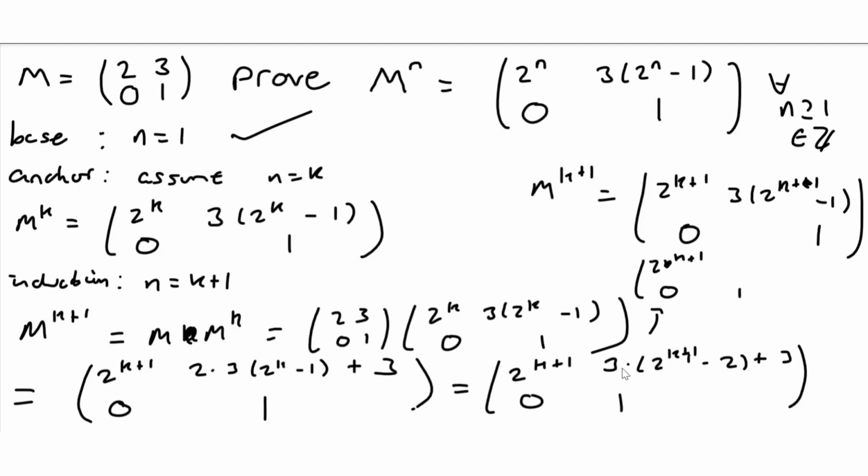Multiplying that out, we're going to get 3 multiplied by minus 2, which is minus 6, plus 3. So altogether we have 3 times 2^(k+1) minus 3. So then if we factor 3 back out, we get 3 times 2^(k+1) minus 1, and that is the result we were after.